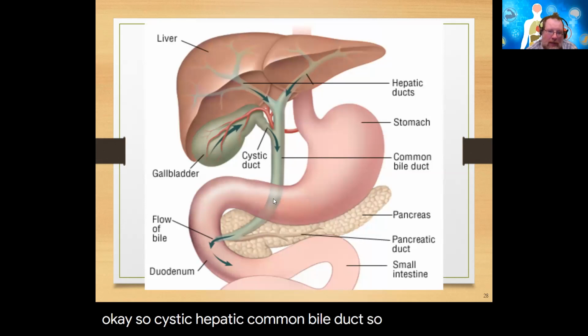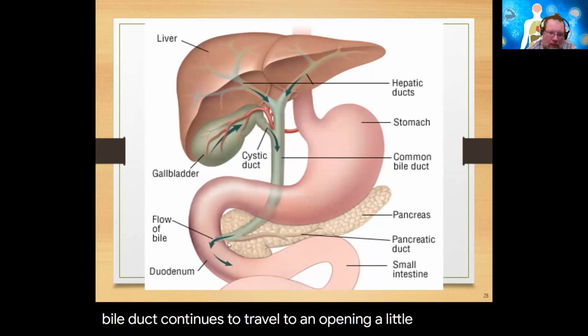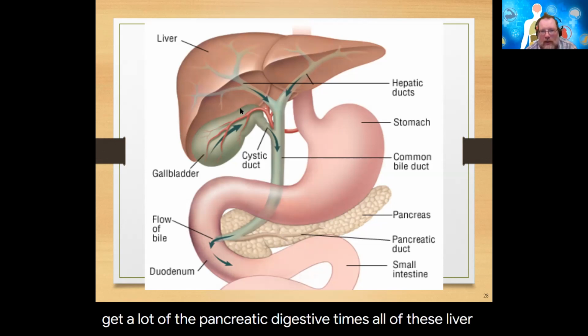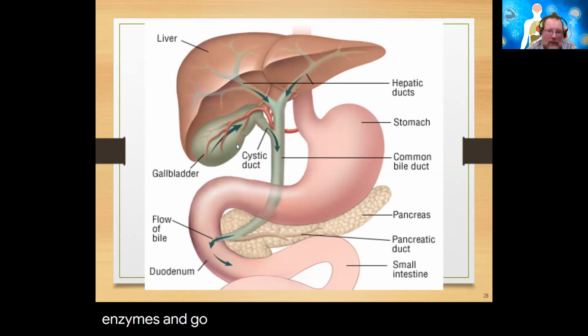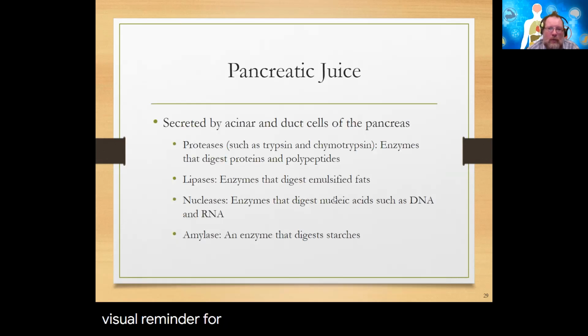Okay, so that common bile duct continues to travel to an opening, a little ampulla there where the pancreatic duct connects with it. Okay, so we get a lot of the pancreatic digestive enzymes, all of these liver enzymes and gallbladder, particularly bile being secreted into this spot. So that's why I put this in here just again as a visual reminder of where we're heading.